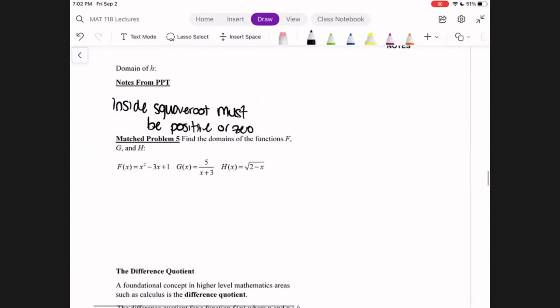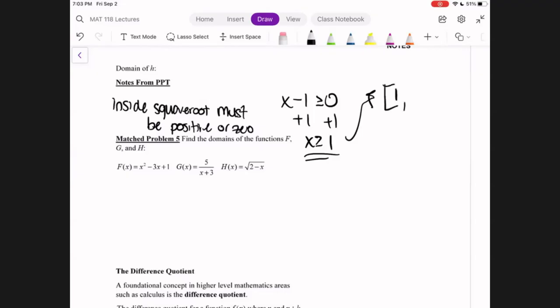Okay, so if I do x minus 1, then we have to say that's greater than or equal to 0. And then you want to solve it for x. So we add 1. So I get x is greater than or equal to 1. So this is my domain. So I want everything greater than or equal to 1. So just remember, since it's equal to 1, bracket 1, comma, infinity. Okay.